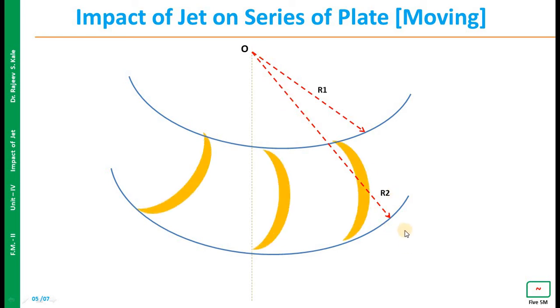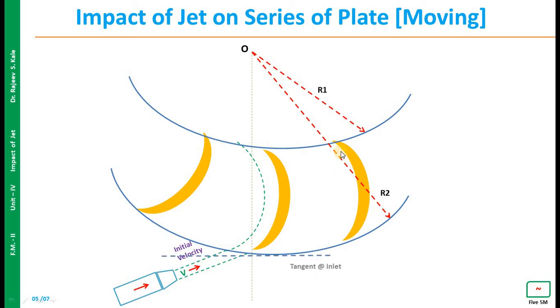We can attach the blades to the wheel. The velocity of jet coming from the nozzle strikes over the surface. After striking, the next blade comes into contact. Again the velocity of jet will create the impact. So like this it goes on. You can draw the tangent at inlet, similar tangent at outlet. You can understand the velocity components by drawing the triangles at inlet and outlet.